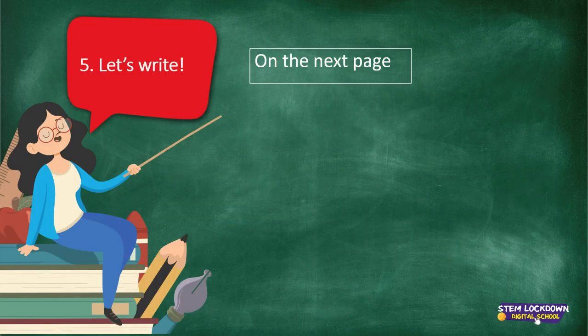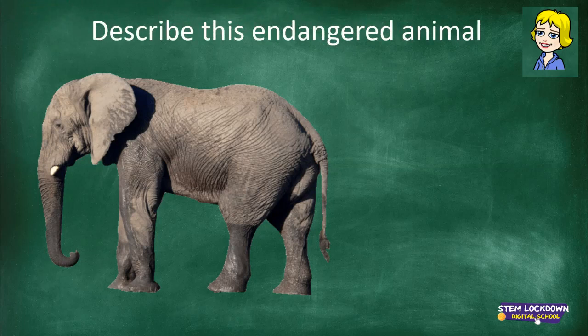Now that we've drawn our elephant, let's write. So as I say, you can describe the elephant, but if you prefer to use another animal, you can. So let's write its name to start with.